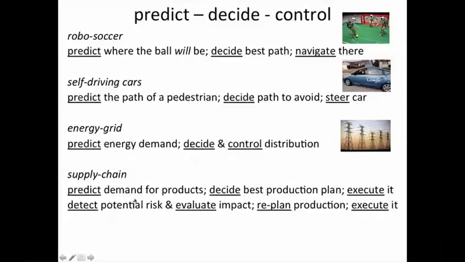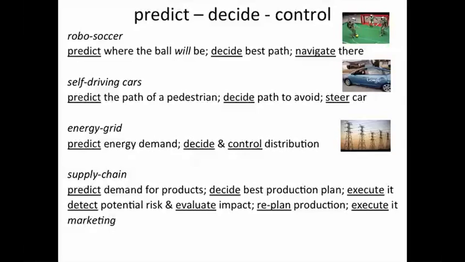These kind of events can be detected increasingly from social media sources such as Twitter. Once such risks are detected or potential risks are detected, they need to be evaluated, whether or not they pose significant risks, and if so, the production plan needs to be replanned and then re-executed, or amendments to that plan need to be put into place.